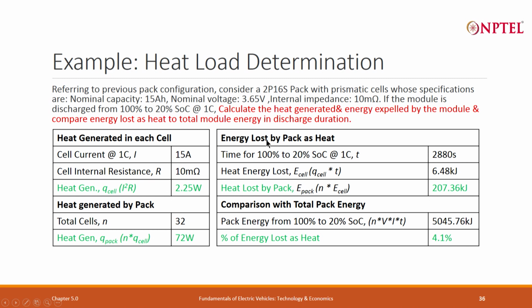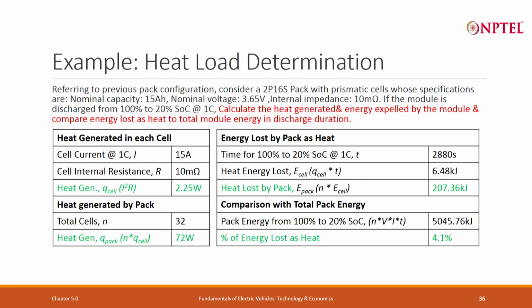Now, energy lost by the pack as heat, since it is going from 100% SOC to 20%, consider linear behavior here. However, you would have seen in the last chapter 4 that SOC is not a linear function of OCV or discharge.